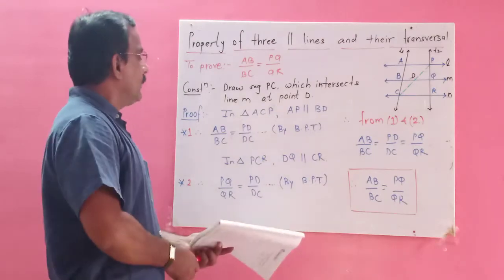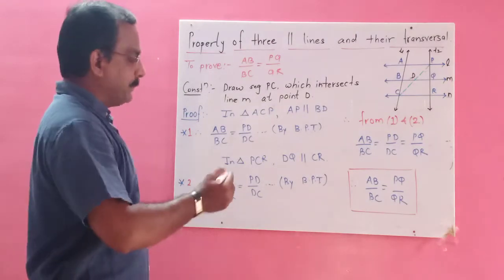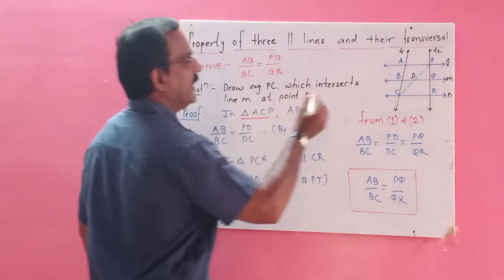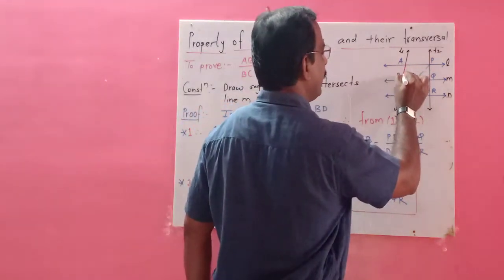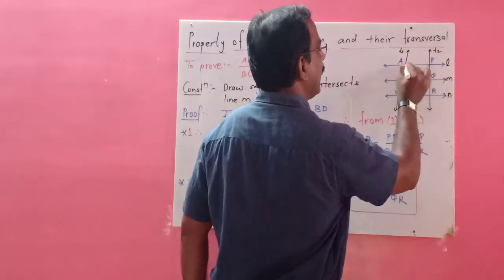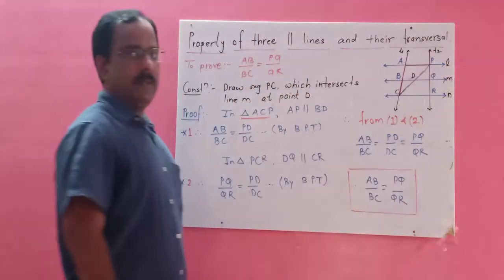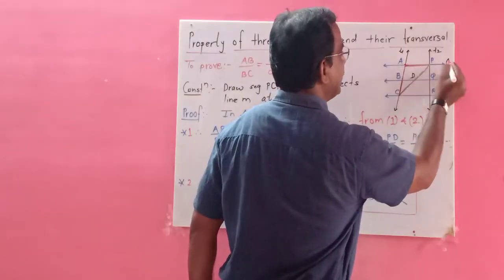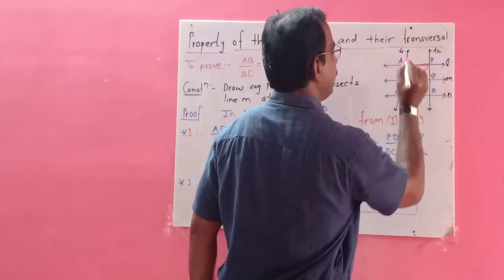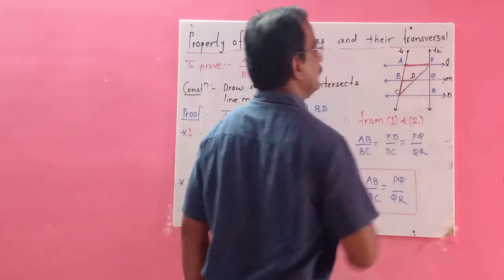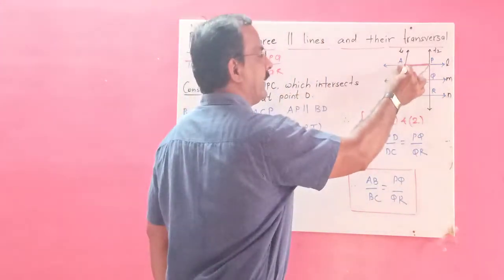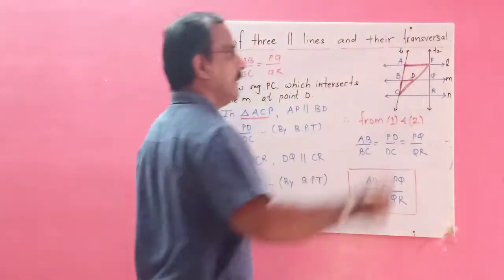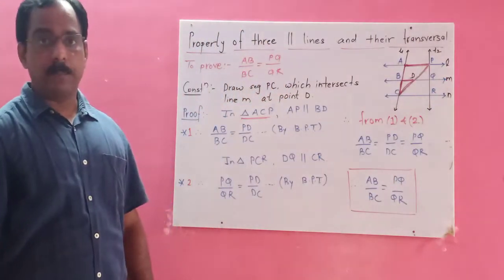Now the proof, a very simple proof. Just take triangle ACP. See here, triangle A, C and P. In this triangle, this AP, I said L, so here AP is parallel to this. If in a triangle a line is parallel to one side, we can apply BPT.